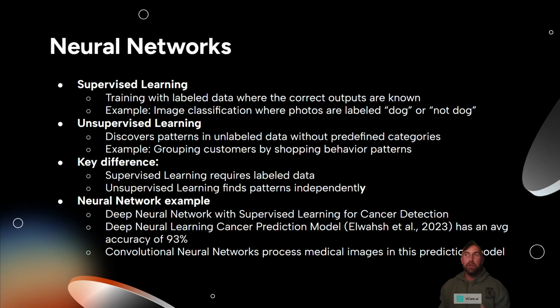Unsupervised learning is when you do not have labels for your data. This is more when the machine itself is given a large data set and it's just analyzing and identifying patterns amongst that data without labels. A key example would be shopping behaviors, or viewing behaviors.